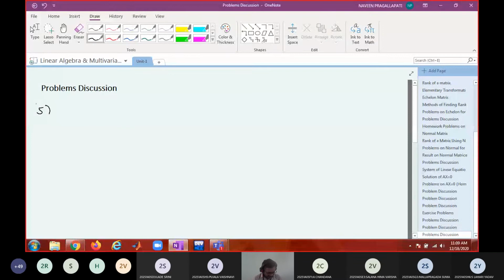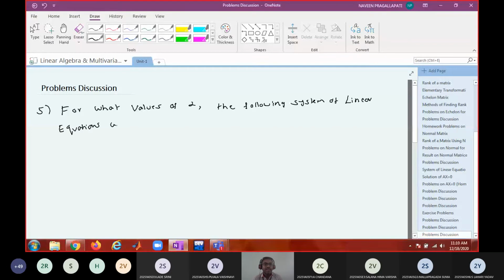Okay. So for what values of alpha, note down. For what values of alpha, the following system of linear equations will have non-trivial solution and solve the system for each case.